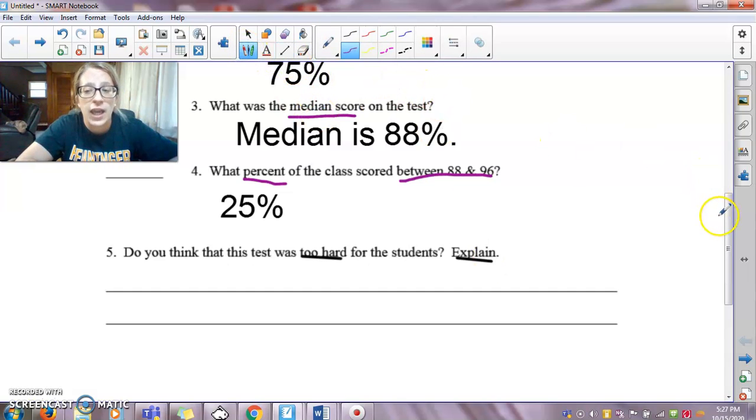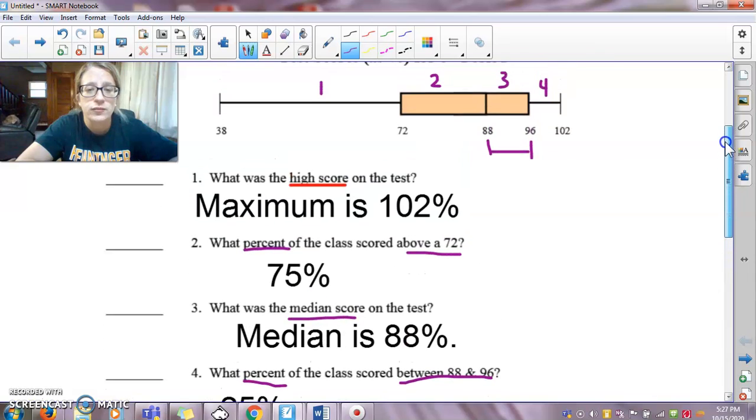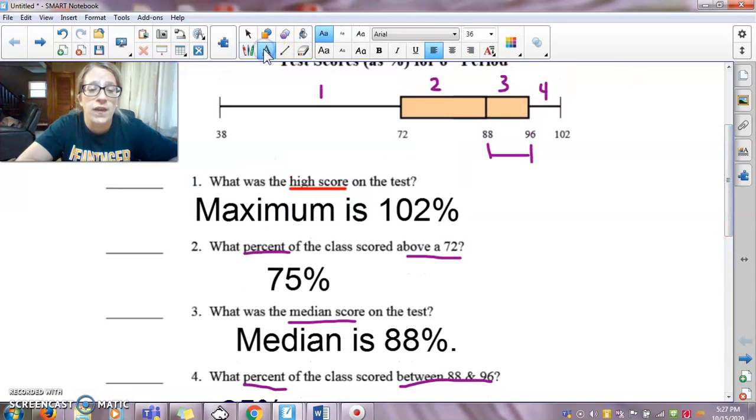So let's take a look at my actual data. If I'm thinking about this percent, 75%, 3/4 of the crew, most of them, scored 72 or higher. If I was to think about what it means to be a hard test, you ask yourself, would that mean me passing or failing that test?